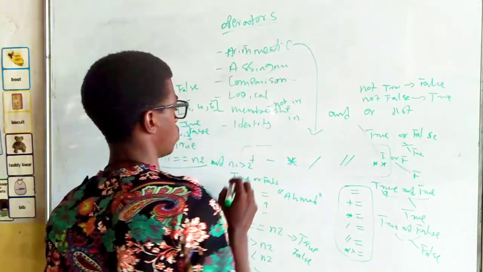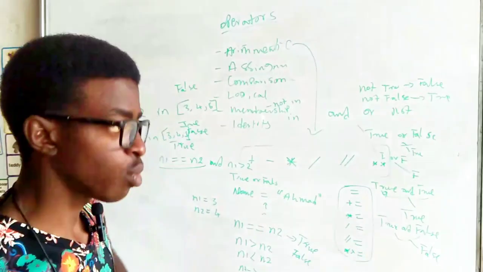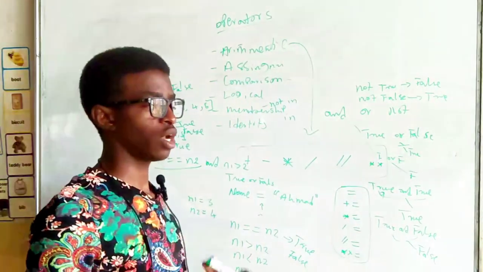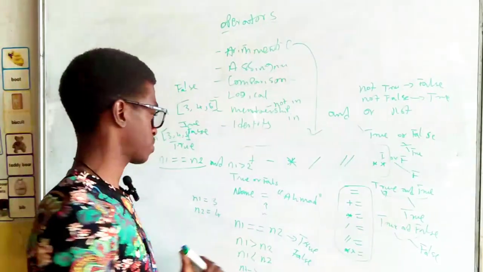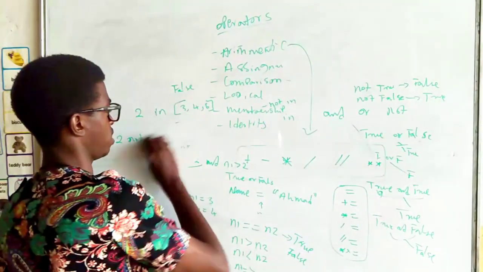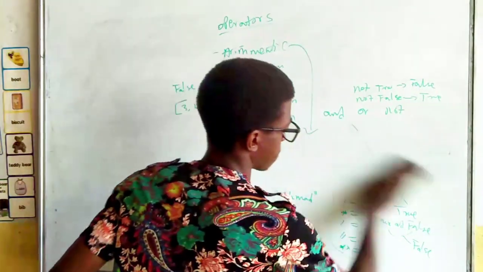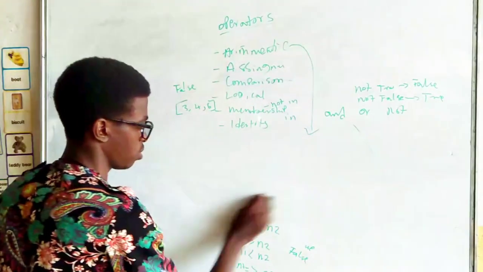Then we have the identity operator, which looks into memory space and checks whether 2 objects are looking at the same memory space, or whether they are the same. Let me clarify it for you. So this is how it works.